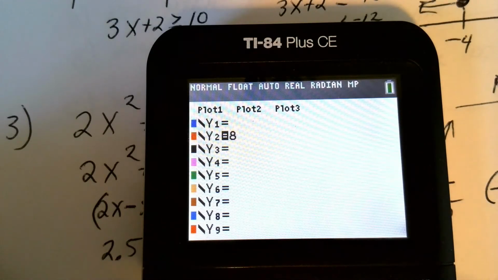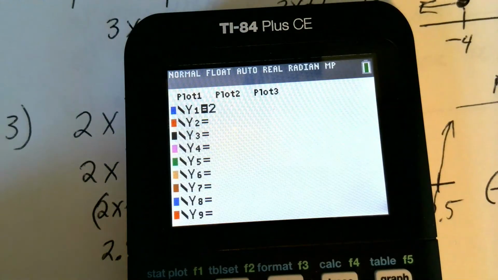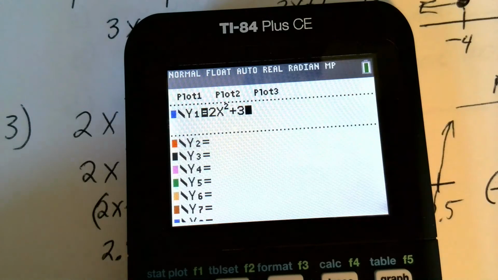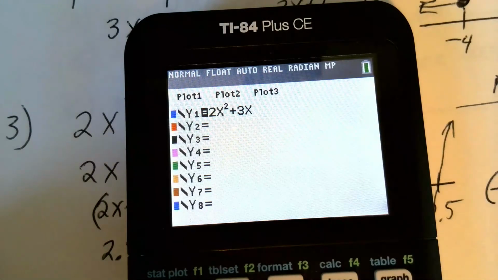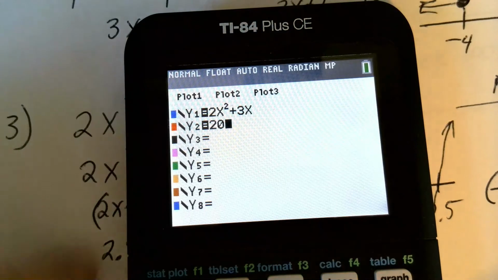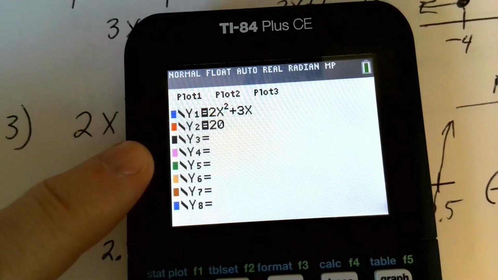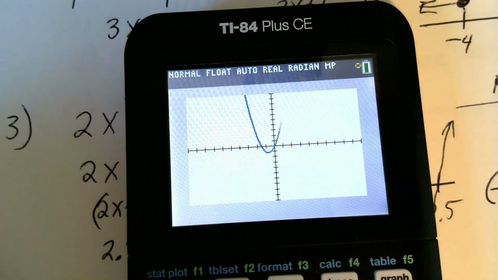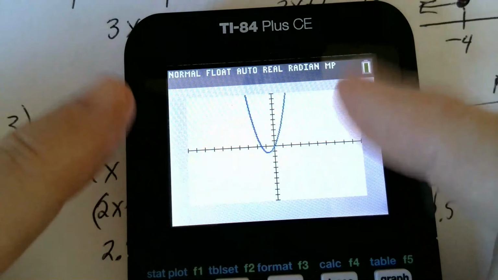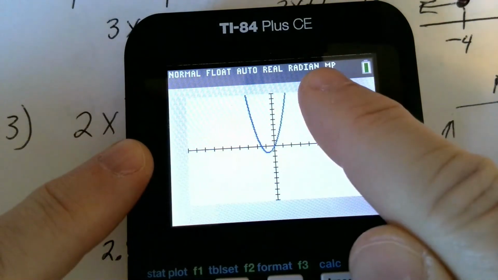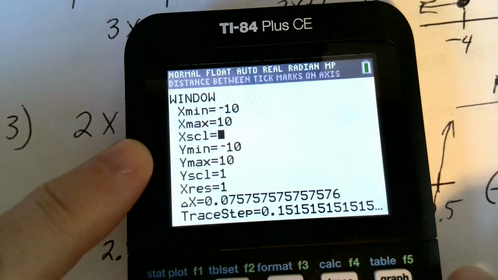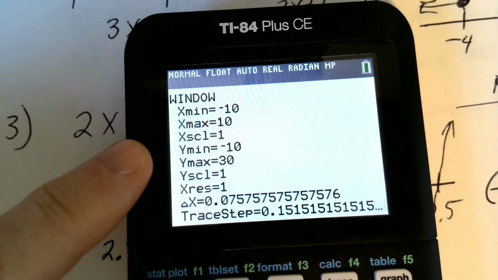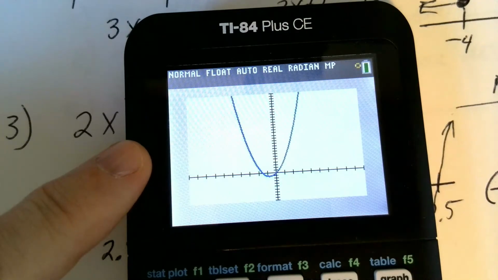So I'm going to hit clear and clear, and I put in 2x squared plus 3x, and I'm going to go ahead and put 20, just so you understand that even though I do the original one here, the answers that I got are going to look exactly like what we thought they were going to. So zoom 6, and I'm like, hey, that doesn't tell me anything, does it? Because 20's way up there. So go to my window and change my y max to 30. You can go ahead and do that too. It's good practice for you on your calculator. And I hit graph. Those are the two things.